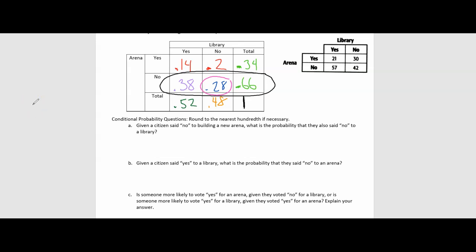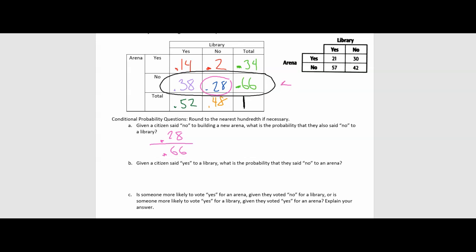So what we have to compare here is this 0.28. That's like our favorable probability here. And then we compare that to the total probability. But the total probability is not 1. It's actually 0.66 because we are not even looking at the people that voted yes to the arena.